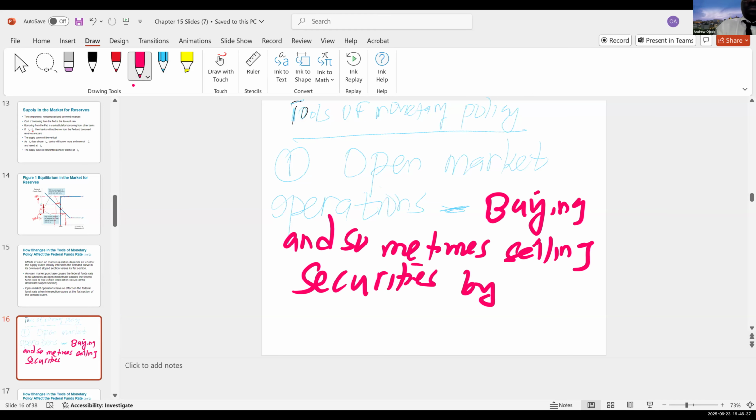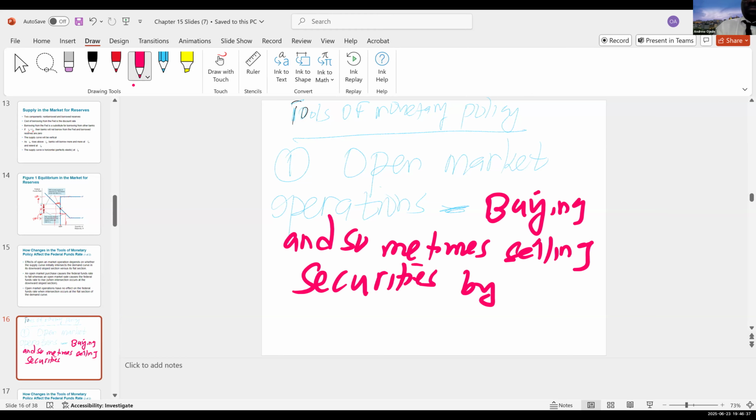So the impact of an open market purchase on the equilibrium federal funds rate depends on the what? On the initial intersection between demand and supply for reserves. If the initial intersection was happening at the downward sloping portion of the demand curve, then yes, buying bonds by the Federal Reserve will decrease the equilibrium federal funds rate.